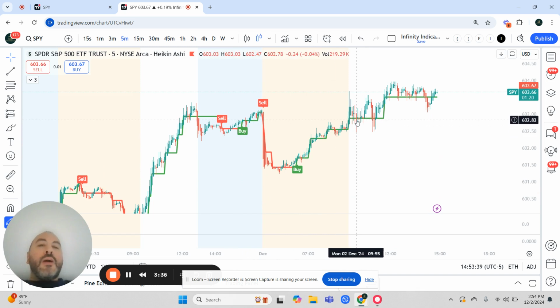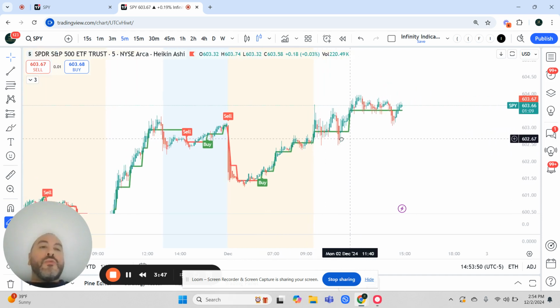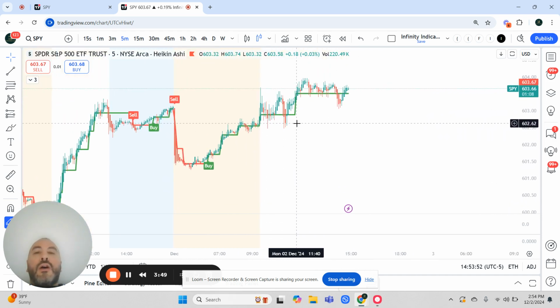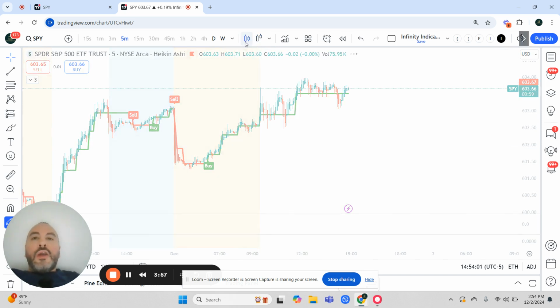It doesn't really compensate for every little move. Heikin Ashi, I believe, means the average of. It actually is what it means in Japanese. So I use Heikin Ashi candles almost exclusively, but you can use regular candles as well.